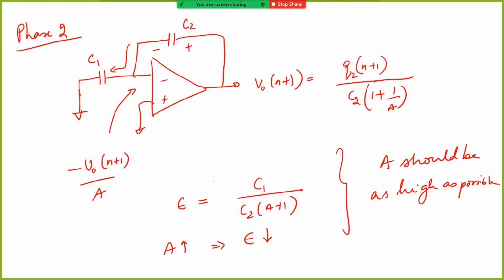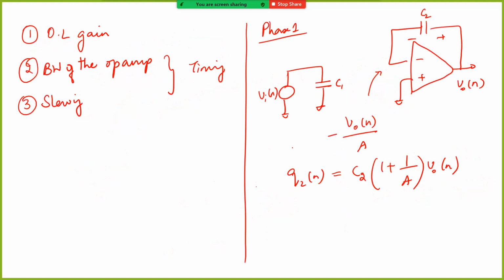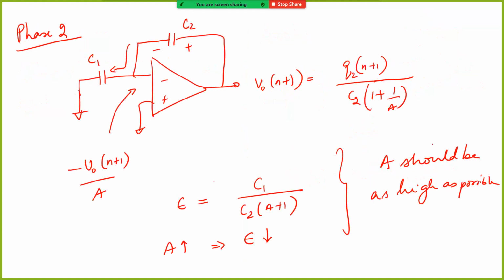Okay. So now that we have talked about the op amp, so of course bandwidth and slewing, we know that depending on the frequency that you are operating, it turns out. Now so far we have looked at what is called a discrete time delta sigma modulator, right? Which means that you first do the sampling.